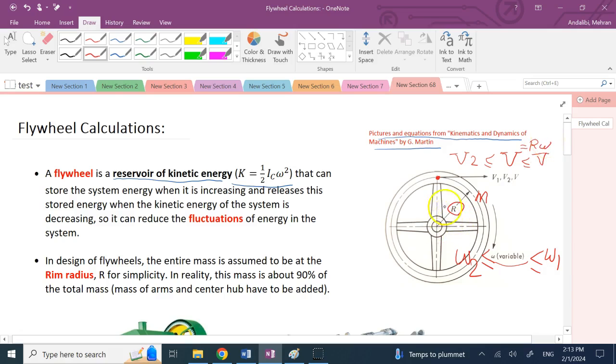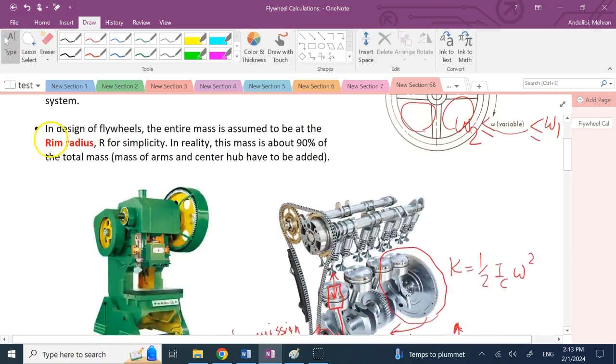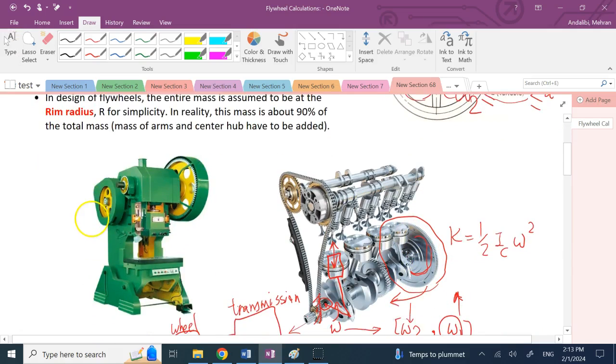And in reality, the flywheels are not internally hollow like that. If you look at this flywheel, you see it's not hollow here, although some of them, like this one used in a punching machine, might have hollow parts. So not all flywheels are designed hollow.